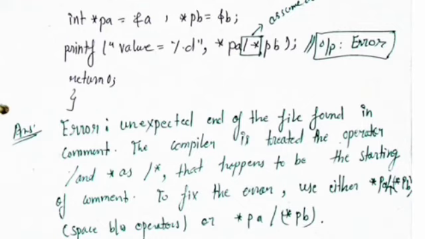To fix the error, we use either a space between the operators or parentheses, like pointer pa divided by, in parentheses, pointer pb. So the error is going to be removed, but due to this type of expression the compiler can't understand it and it gives the error message. Now come to the next question.